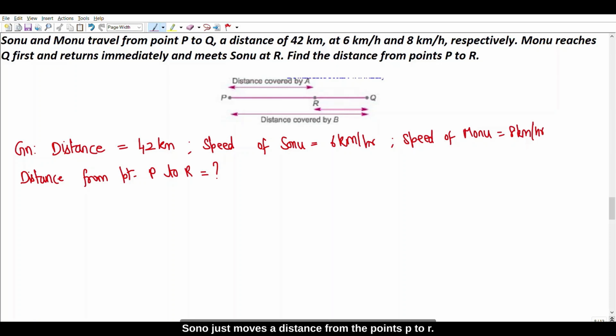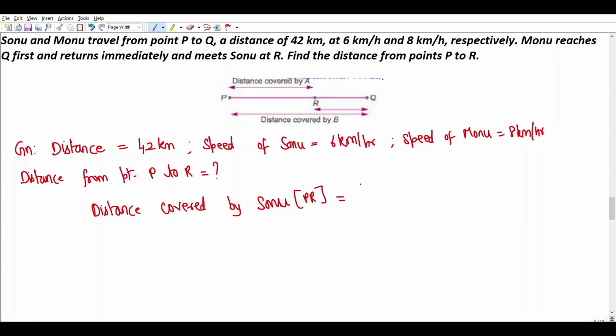Sono just moves a distance from the point P to R. In such cases, we had read in the concept that distance covered by Sono, that is PR, is equal to 2 times d times a divided by a plus b.